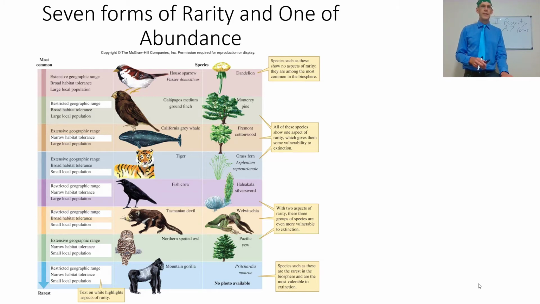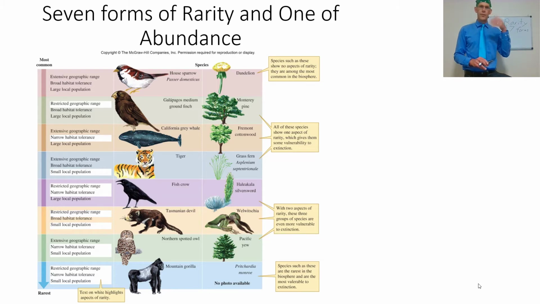We have these 3 different traits: geographic range, habitat tolerance, and local populations. When you have three factors, they can either be good or bad. So you can have an extensive geographic range or a restricted geographic range.